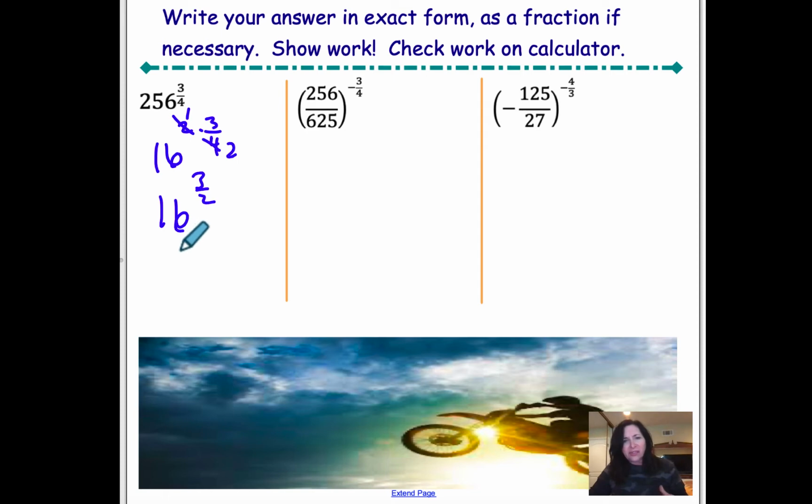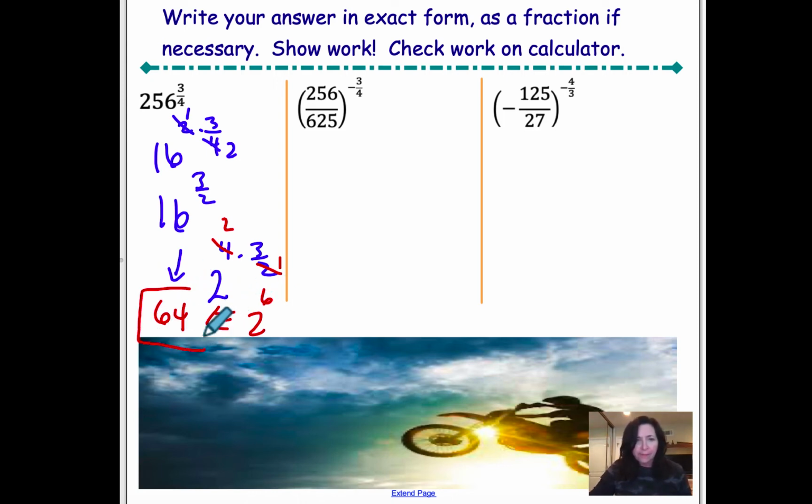I think 16 can be brought down again. 16 can be said as 2 to the 4th power. So 2 to the 4th power to the 3 halves power. The 2 is going to cancel in there twice, and 2 times 3 is 6. So I get 2 to the 6th power, and 2 to the 6th power is 64.